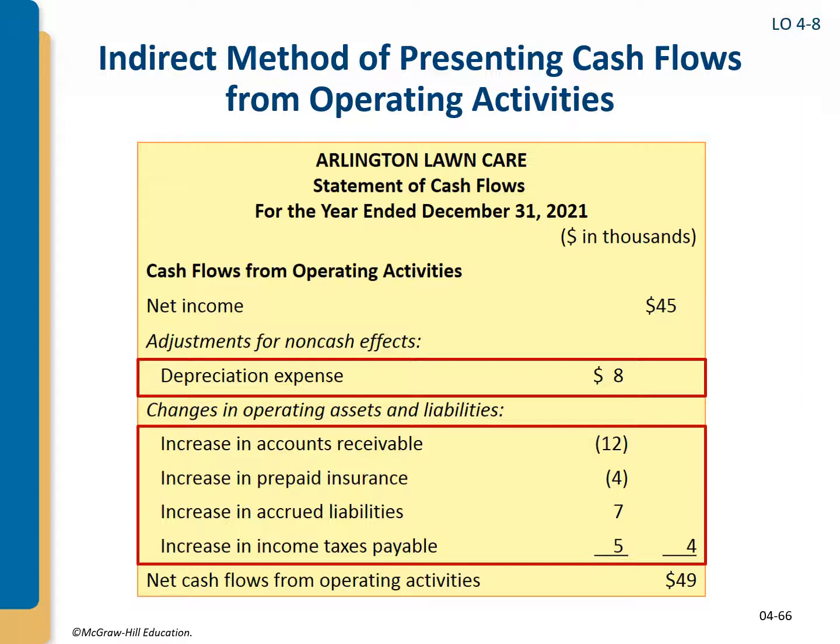So add back non-cash items on your income statement, and then take the change in current assets and current liabilities and report their impact on cash flow. So the net cash flow from operating activities for this company is 49. So we converted net income from accrual net income to cash. So operations gave us $49,000.